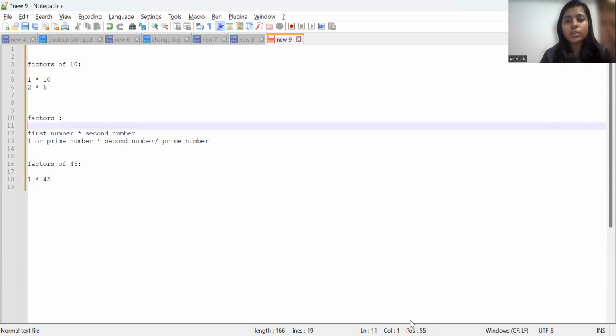You can open the calculator on your screen and just divide 45 by 2 and see if the result that we get is without any decimal part or with a decimal 0. So it is not. It is 22.5. So we see that 45 is not divisible by 2.